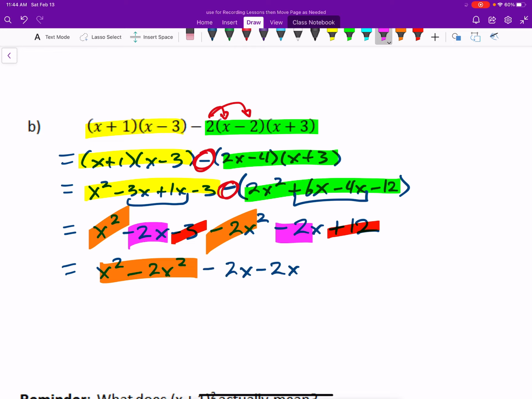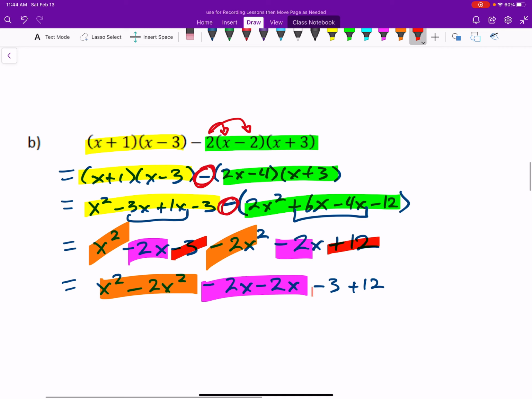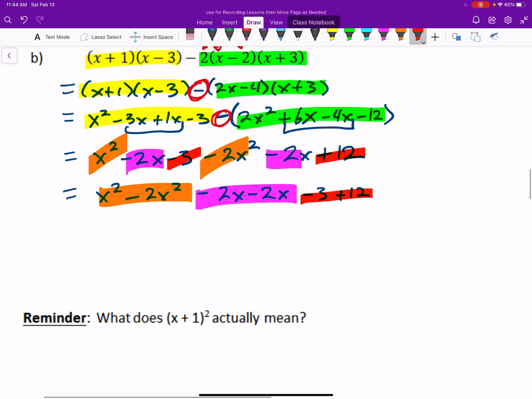So I've got a couple of x terms next. Then I'll do my constant terms. And I've got it looking like this. And that gives me x squared minus 2x squared gives me minus x squared. Negative 2x minus 2x is minus 4x. And negative 3 plus 12 is 9. So it all simplifies down to that quadratic there.